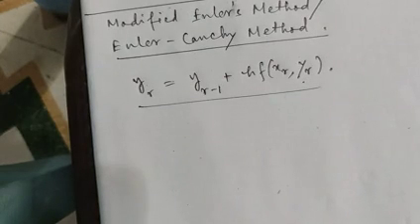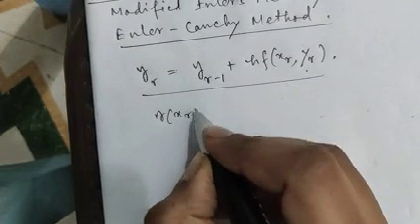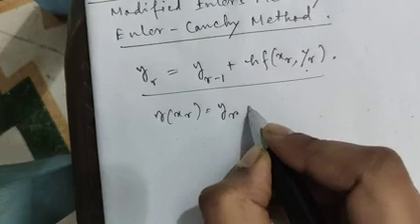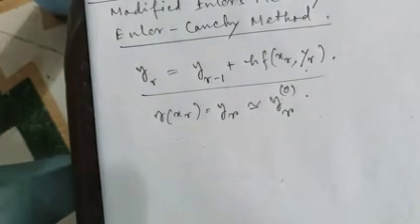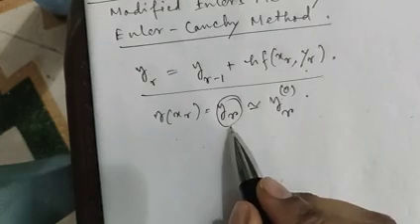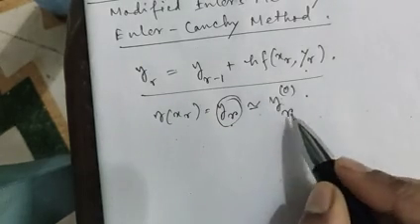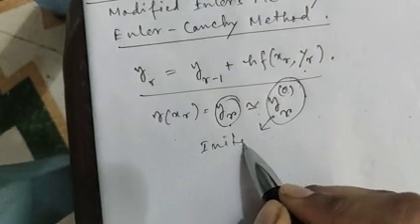Now here we are starting with the initial value y(x_r) equals y_r with an approximate value y_r^(0). We are replacing y_r at the initial step where r equals 1 by y_r^(0). This is called our initial value. And how will we get that?